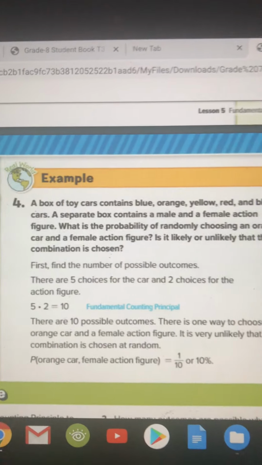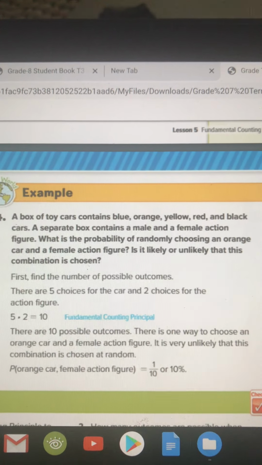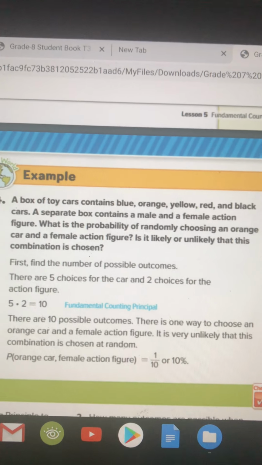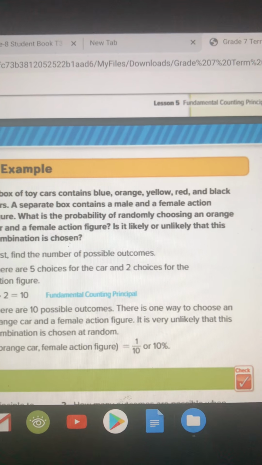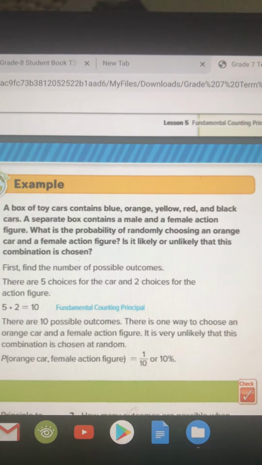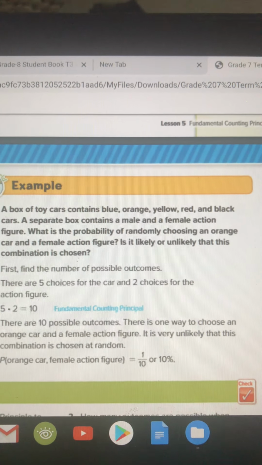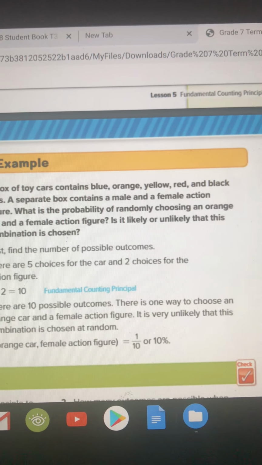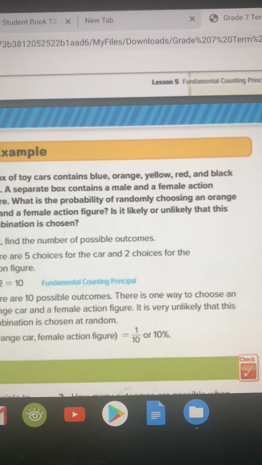Now, this is example 4. Here, a box of toy cars contains blue, orange, yellow, red, and black cars. A separate box contains a male action figure and a female action figure. That means it has two dolls. One is a male and the other one is a female.